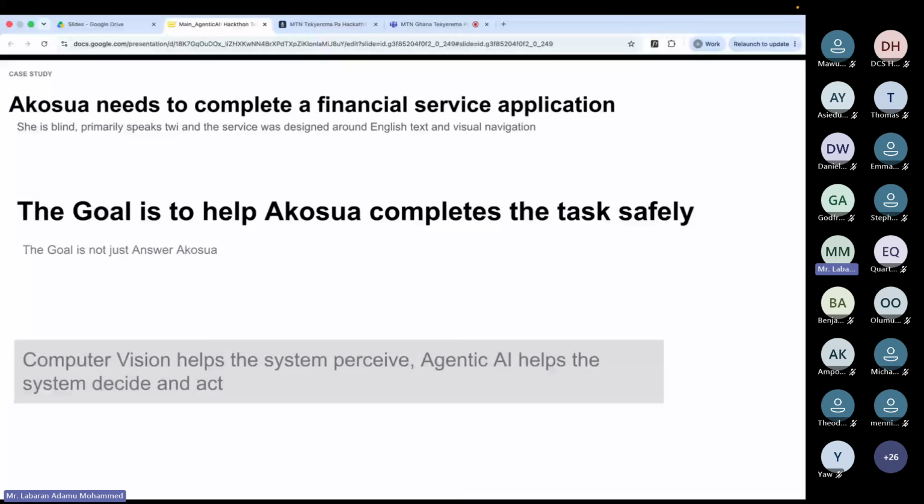This user primarily speaks only Twi, and this service was designed around English text and visual navigation. The goal for this agent is to help Akosua complete the task safely, not just answer her questions. If you are only answering her questions, you basically have a chatbot.